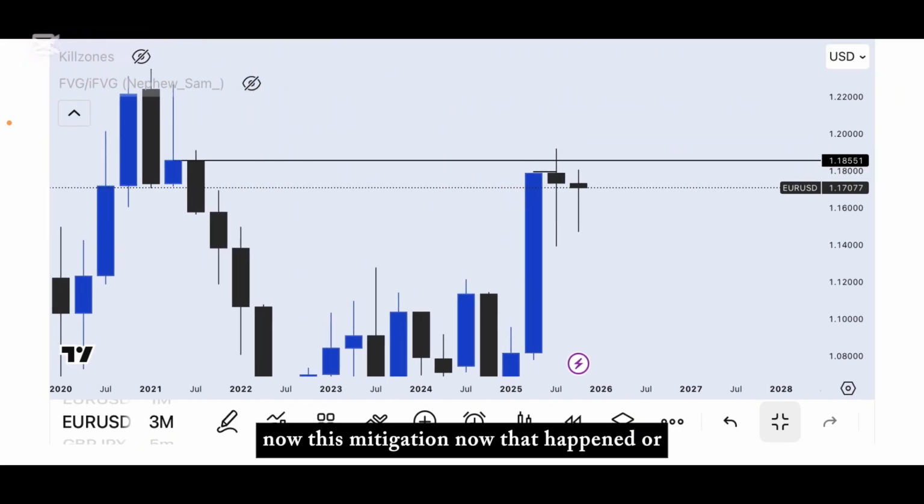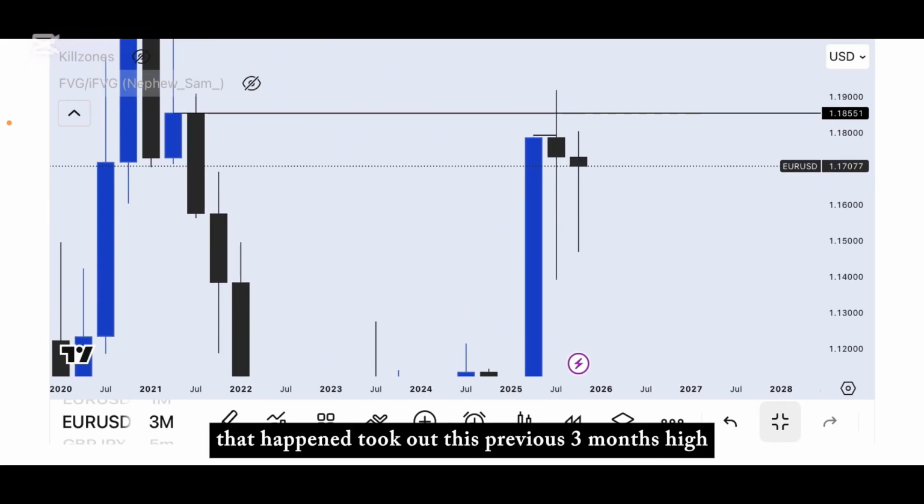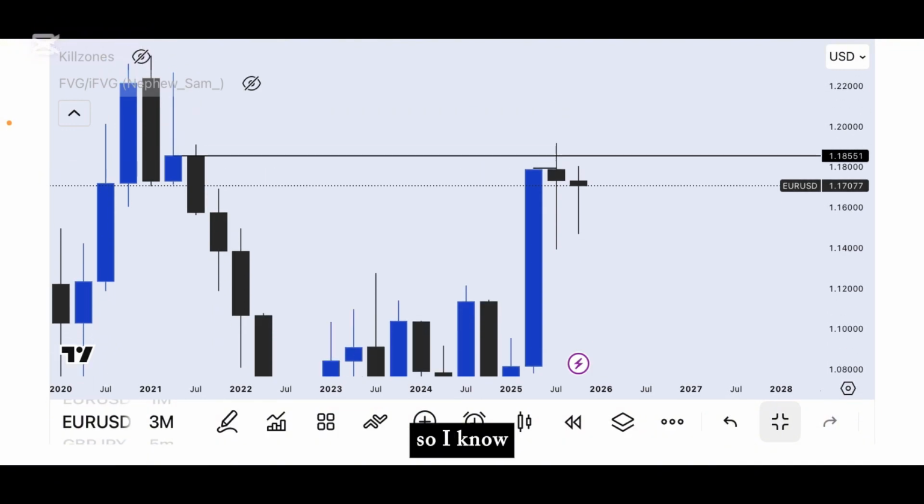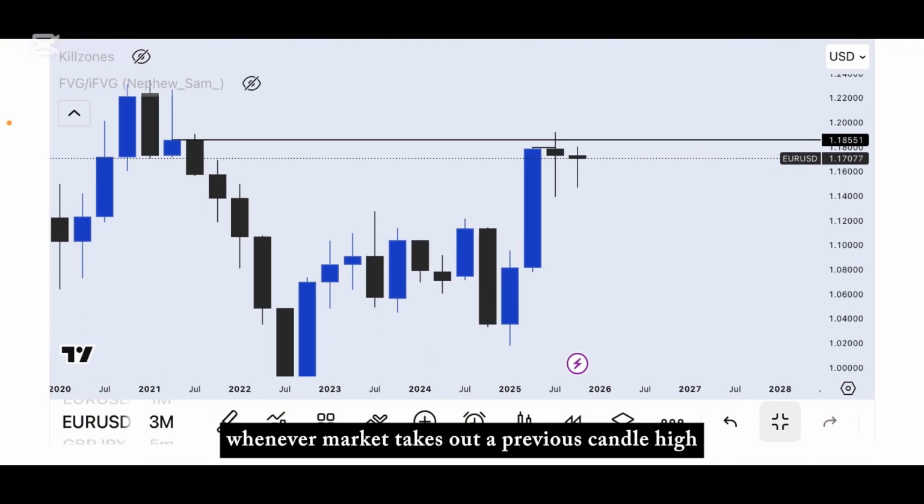Now this rejection that happened took out this previous 3 months high. So I know whenever market takes out a previous candle high, the next place it is going is the previous candle low. If it took out the previous candle low, the next place it is going is the previous candle high.